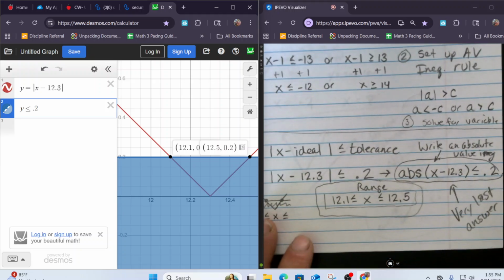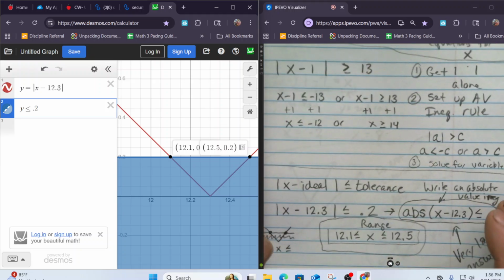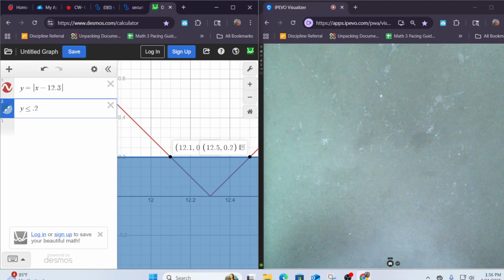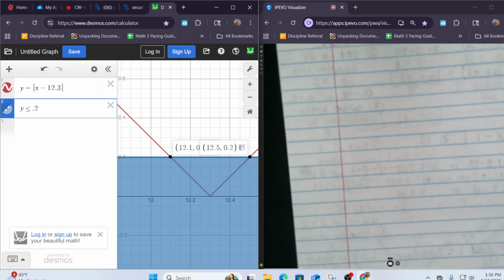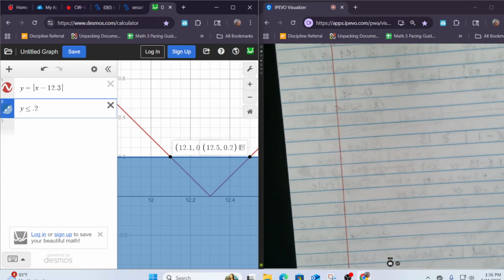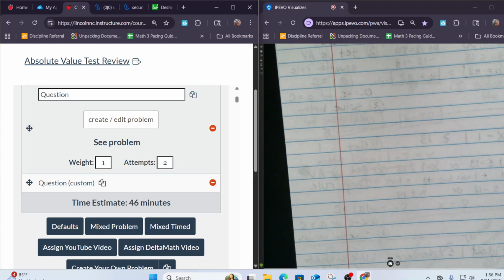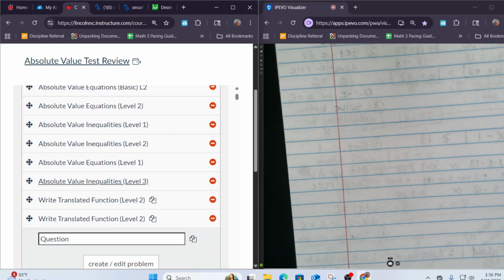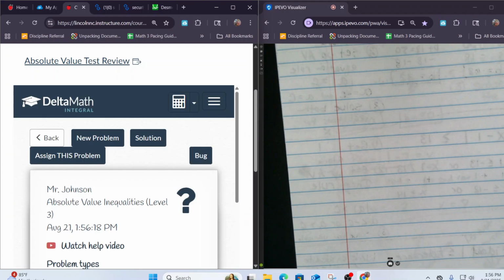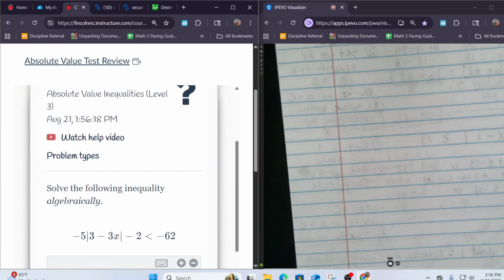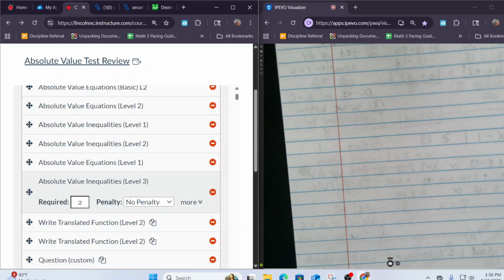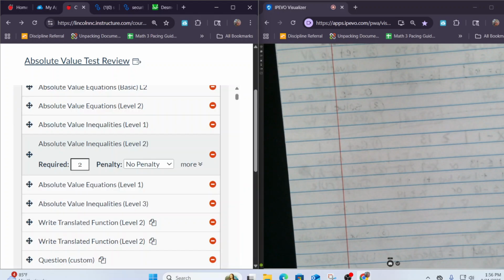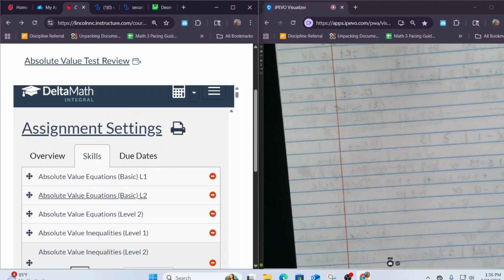I'm not finished. Okay, guys, I don't want to take up a lot of your time, but I want to show you one type because it was on the test, but we didn't do them when we did these. It was on the review. On the absolute value, the absolute value equation is level 2.